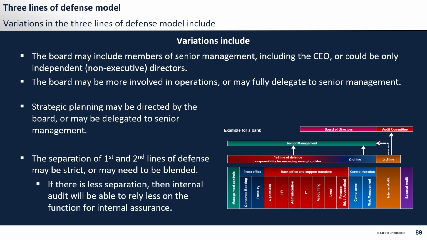If there is less separation, then internal audit might be able to rely less on the function for internal assurance. And so this is a good thing to know, that if the separation from first line and second line of defense is not strict enough, then there could be problems of familiarity, there might be some conflicts of interest, there might be some ownership of risks by functions considered to be second line of defense.